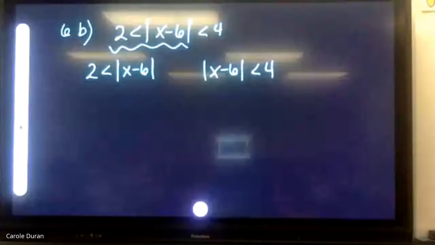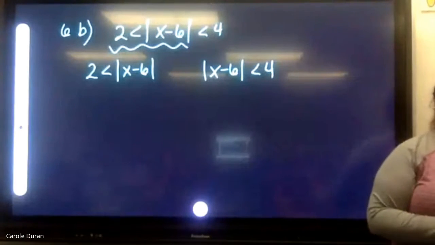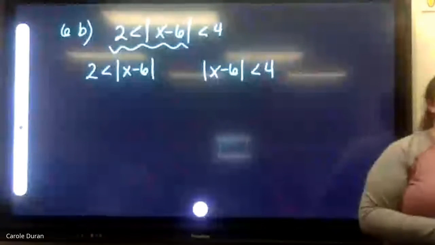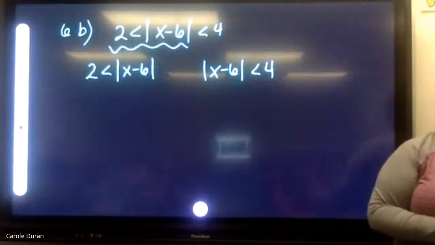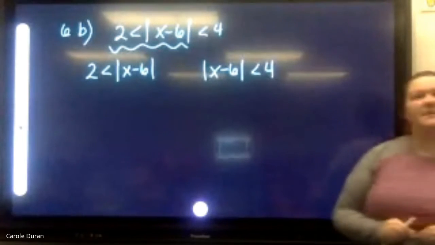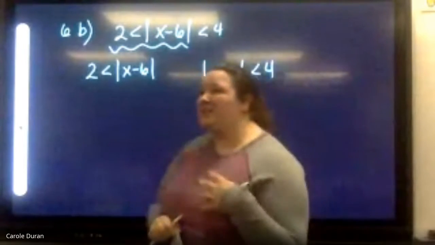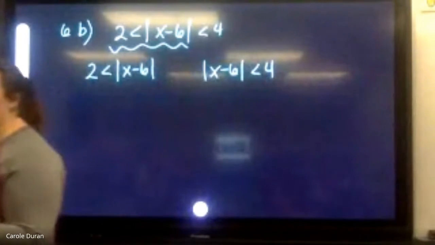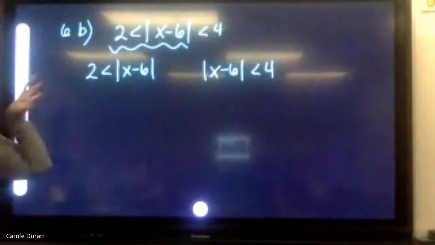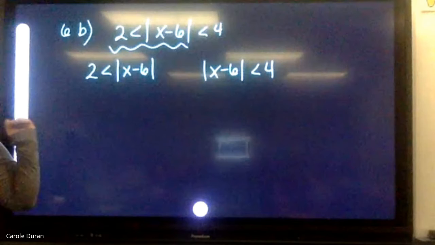Okay, so here's the key. What does the absolute value do for whatever's inside of it? Turns it positive if it's not already positive, which means I could end up with a negative inside of there as well. So whenever we're doing an absolute value and an inequality, I have to consider both the positive and the negative versions here. So I not only am going to compare it to 2, but I'm going to compare it to -2 as well.